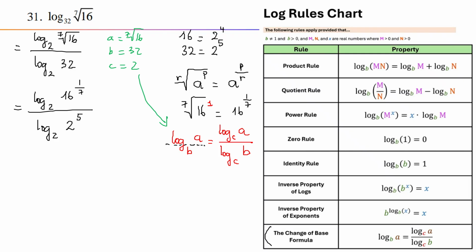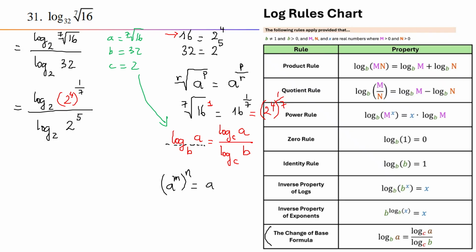Now, instead of 16, I will write down 2 to the power of 4. That is my 16. So this one will be 2 to the power of 4, to the power of 1/7. Now remember that we have a to the power of m, to the power of n.